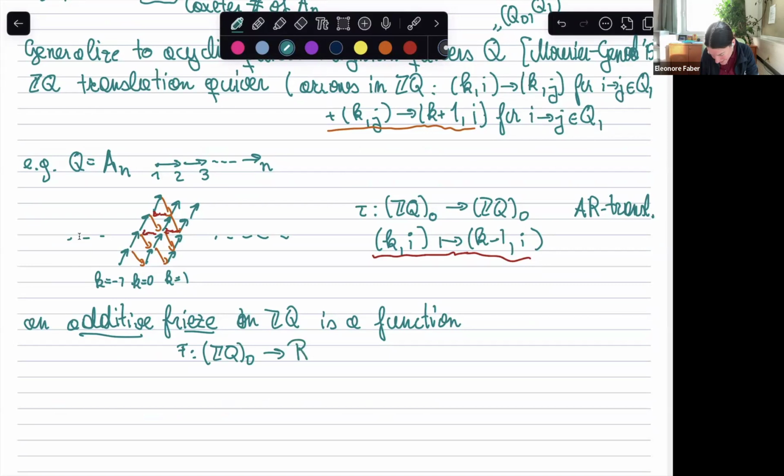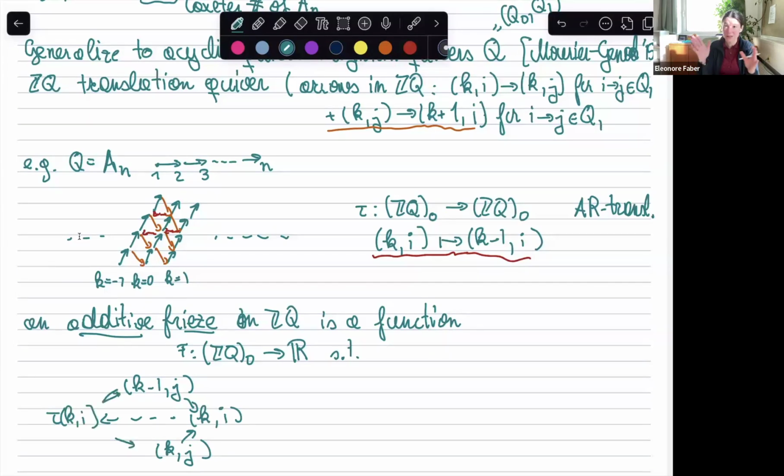I said the entries in the frieze, I'll take them as R, so real numbers. So let's stick with the real numbers. And instead of the additive frieze rule, I'll add the additive mesh relations. So if I have here a diamond, (k-1,j), then I have here (k,i), here (k,j), and tau is the AR translation. So here we have tau (k,i).